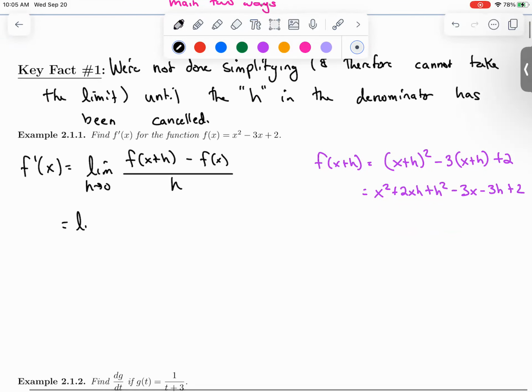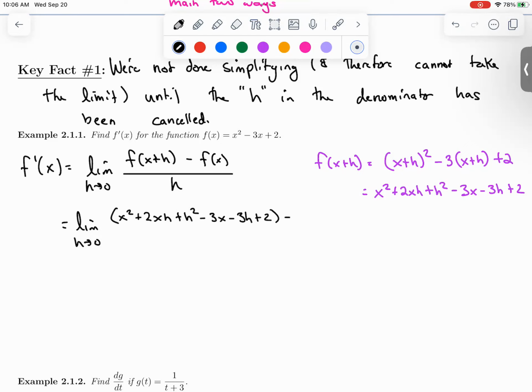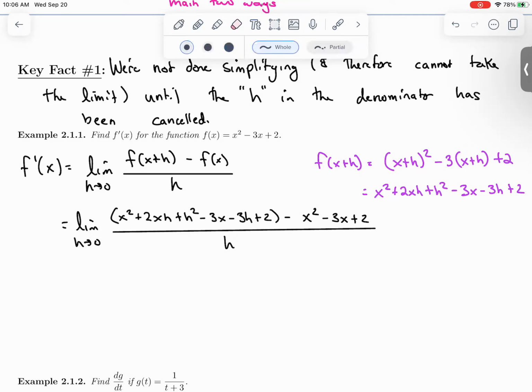This becomes the limit as h approaches 0 of x squared plus 2xh plus h squared minus 3x minus 3h plus 2 minus x squared minus 3x plus 2, all divided by h. Now, this is what John Doe student writes.